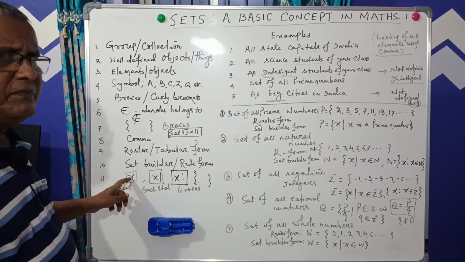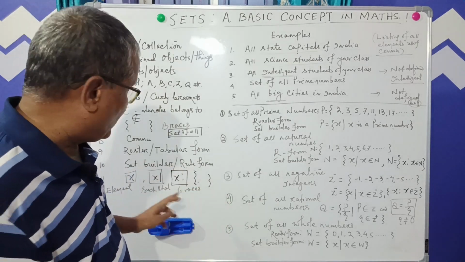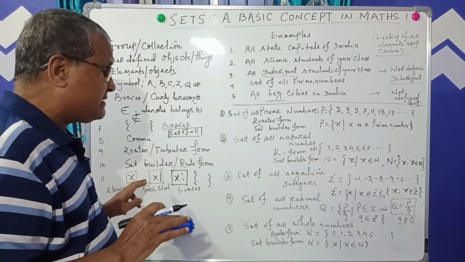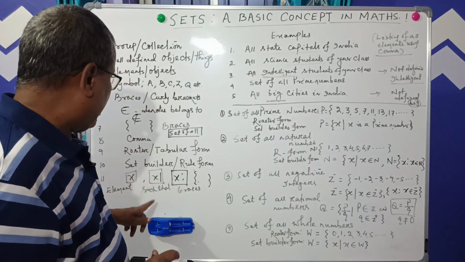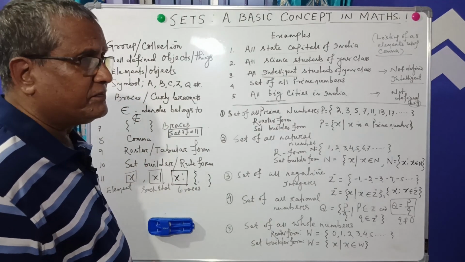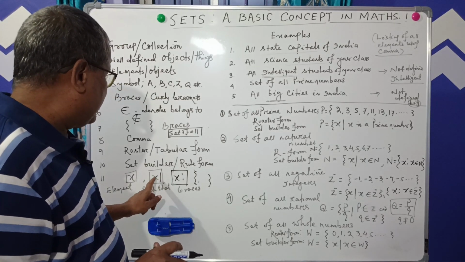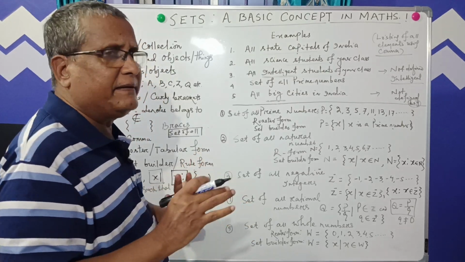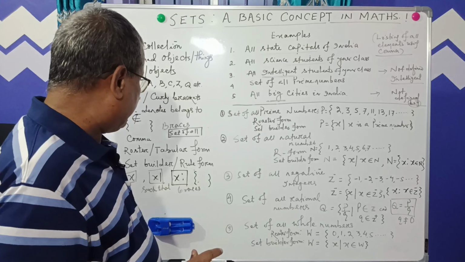So x is an element of a set. Remember, small x denotes an element of a set. And the bar, this actually implies "such that", meaning it indicates the property of that element, the character of that element: x such that.